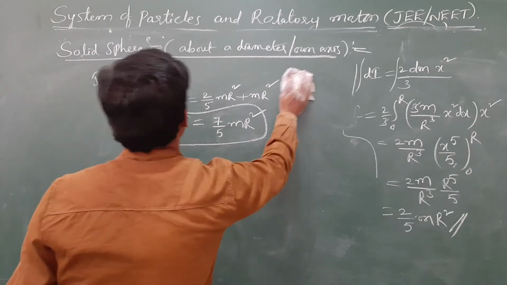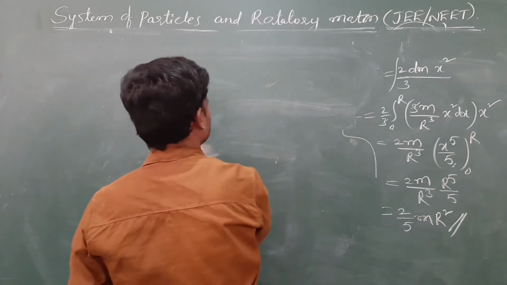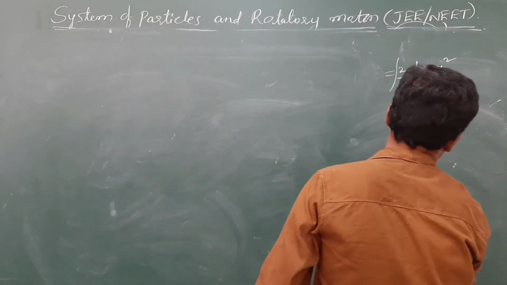Okay, right. Next one, moment of inertia of a solid cylinder. Solid, nothing but again volume mass density will be there.